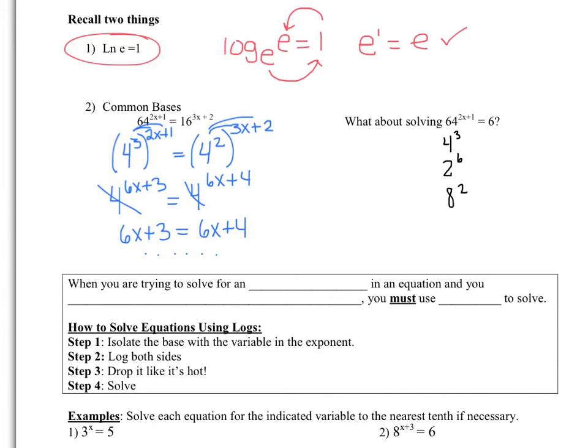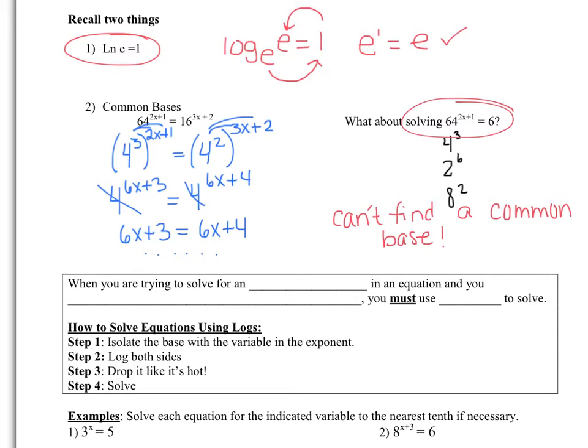Is there any way that I can write 6, this 6 over here, with one of these bases? No. So we have a problem. We cannot find a common base. So the question arises, how are we supposed to solve these things? And the answer to this question is logs.